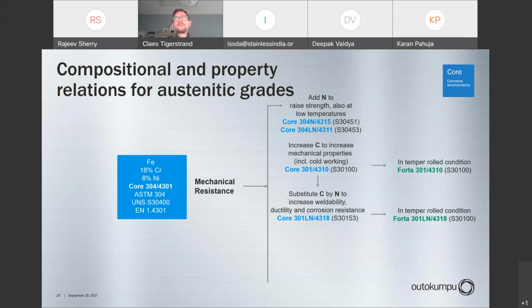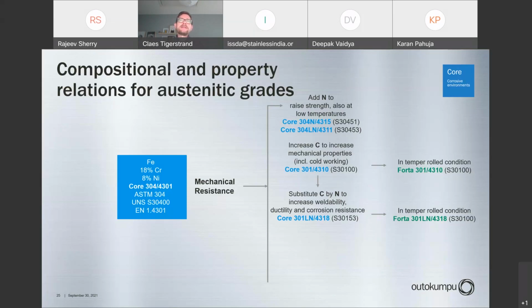Both those grades, Core 301 and Core 301LN, are unstable, so by rolling them and having a plastic deformation and reduction of the steel, you can easily get them into what is called temper condition, which means that you will increase the strength significantly.